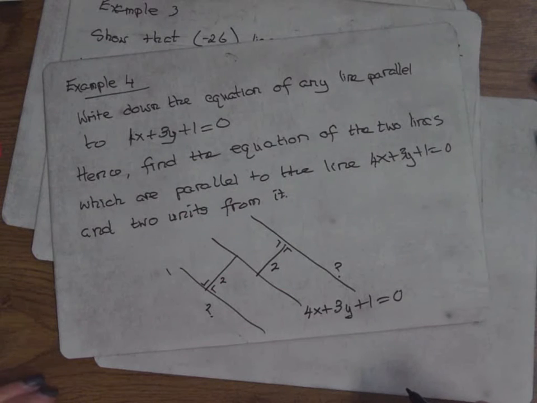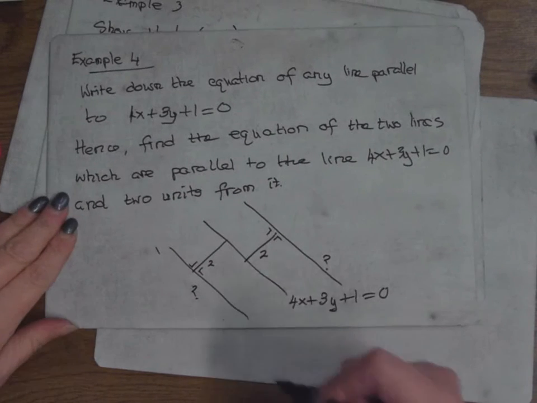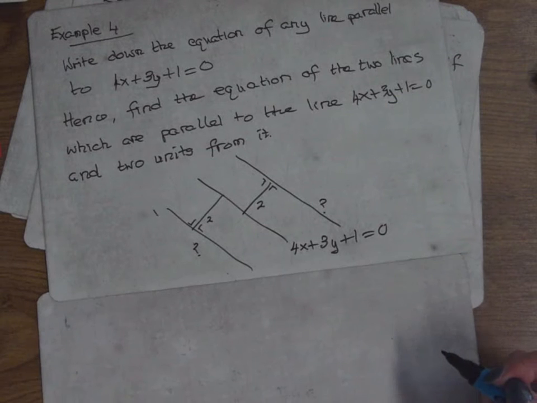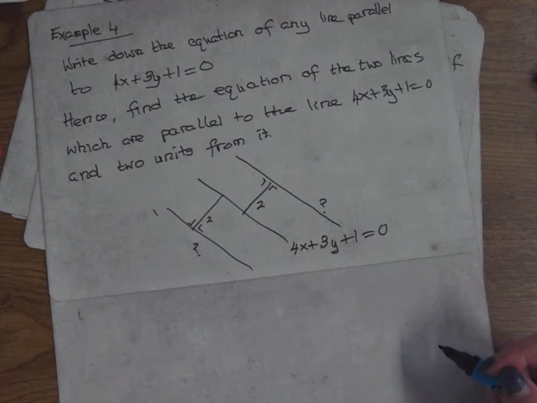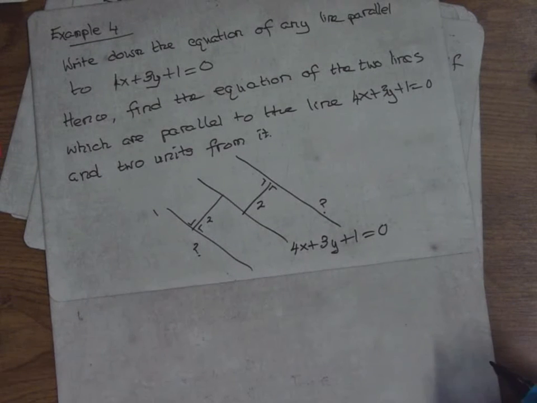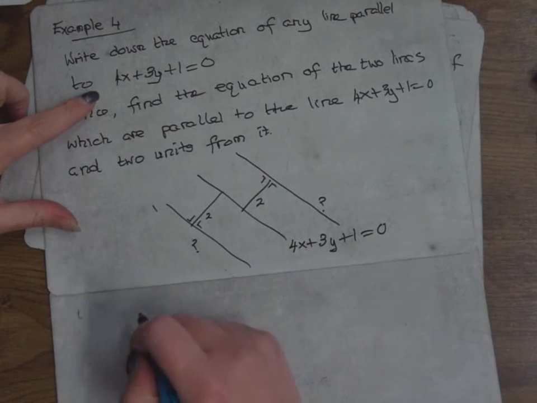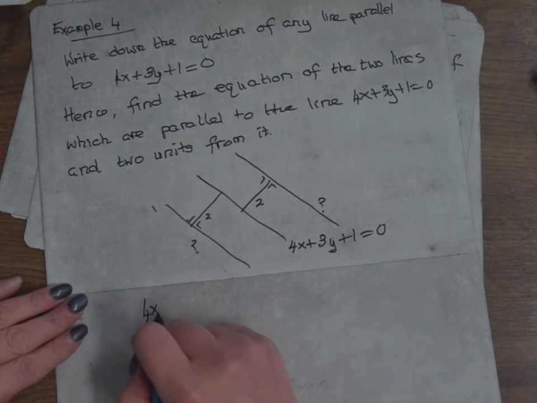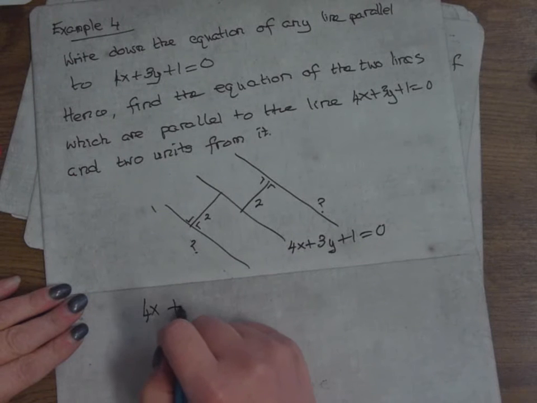They're helping me out in the question, because first off, I have to write down the equation of any line parallel to 4x plus 3y plus 1 equals 0. Basically the general equation of a parallel line: they have the same slope, so they have the same number in front of the x and the same number in front of the y.